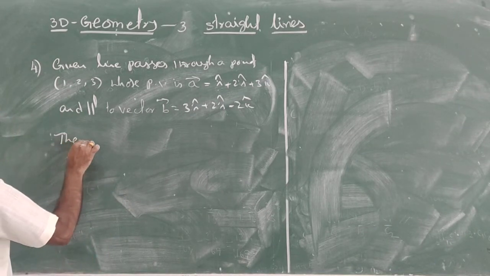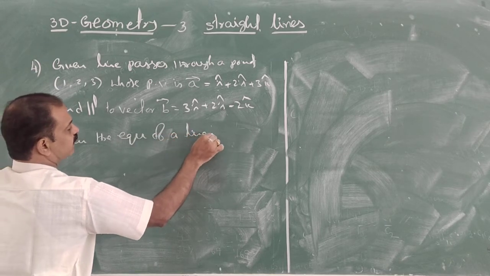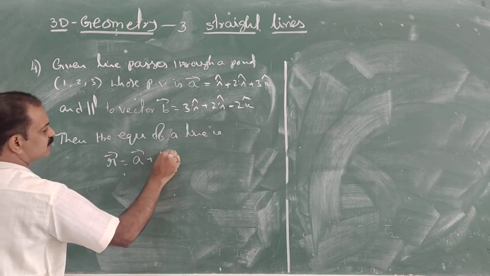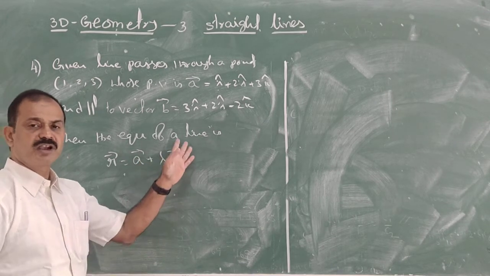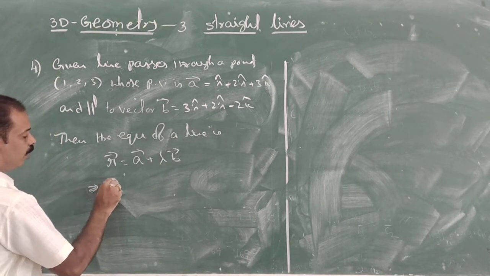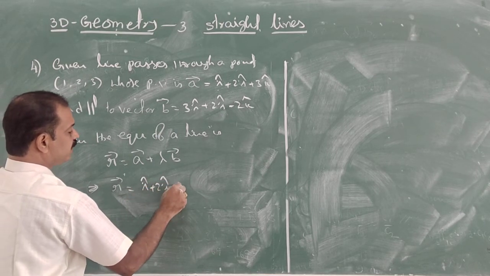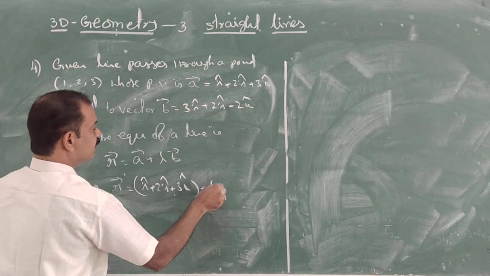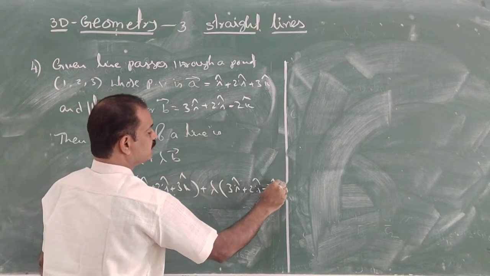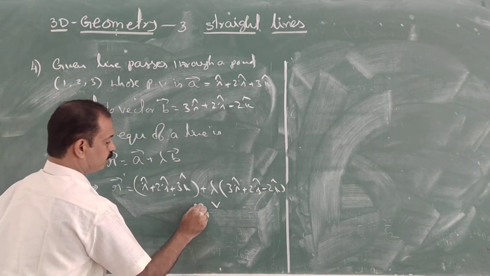Then the equation of a line is R is equal to A plus lambda B. That is the formula, directly you can remember it. That is R is equal to i plus 2j plus 3k plus lambda into 3i plus 2j minus 2k. That's all, which is in vector form.